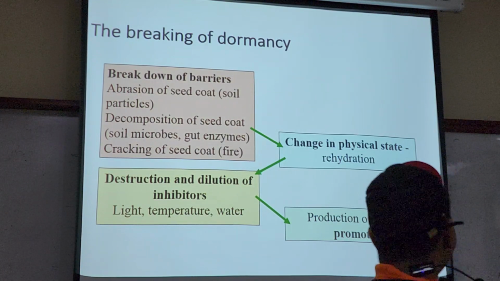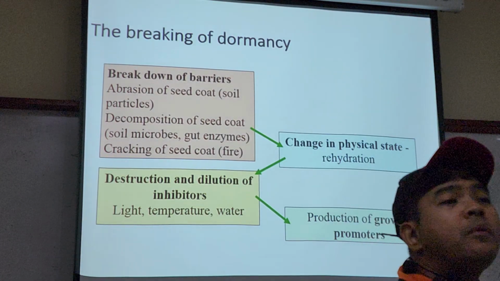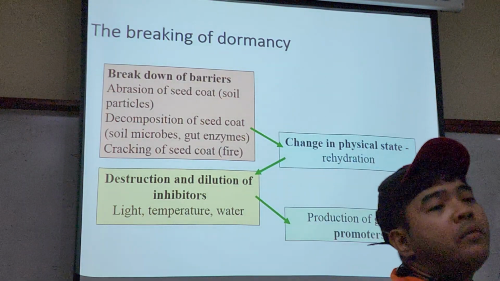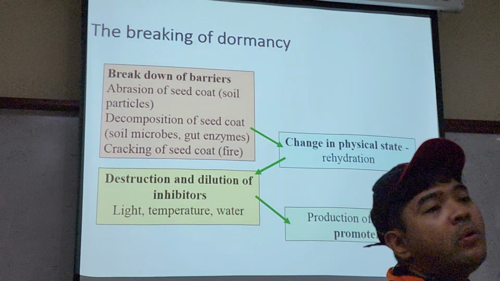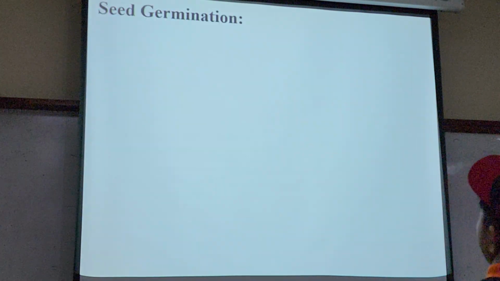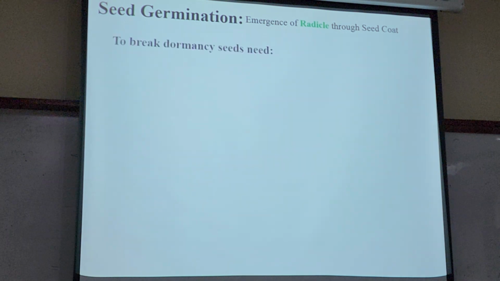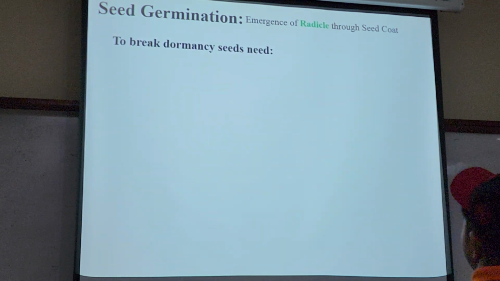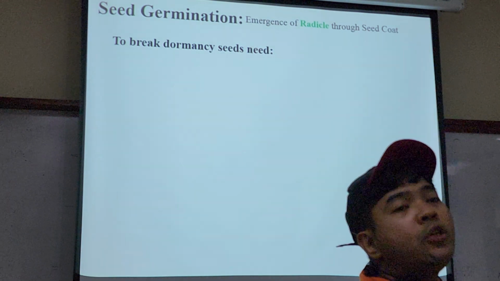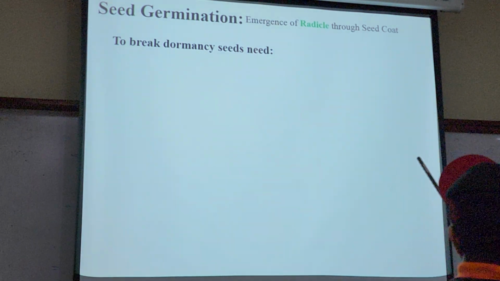Then this is pretty much towards a bit more advanced in terms of awakening the seeds. When the hormones come into place, okay, and you're going to see why. Upon seed germination, you're pretty much going to see the evidence visually by the emergence of the radicle.